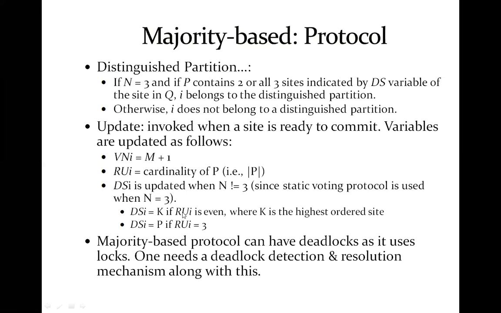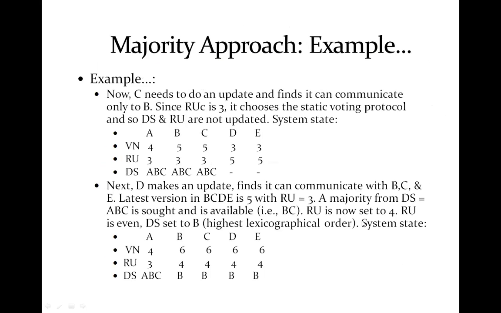The highest order site out of B, C, D, E is B. So when the highest order site is B, the distinguished site will be B for all of them.